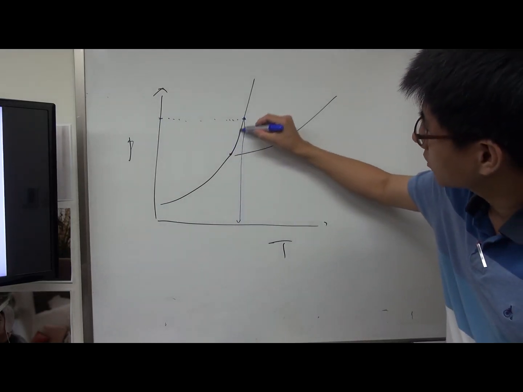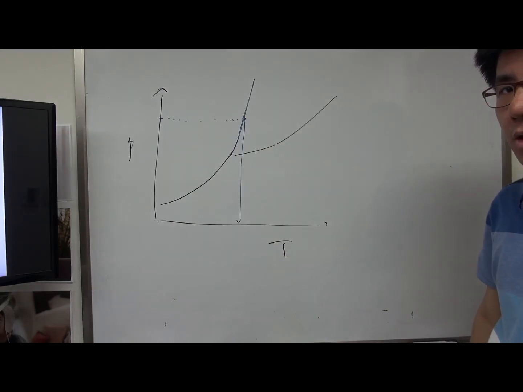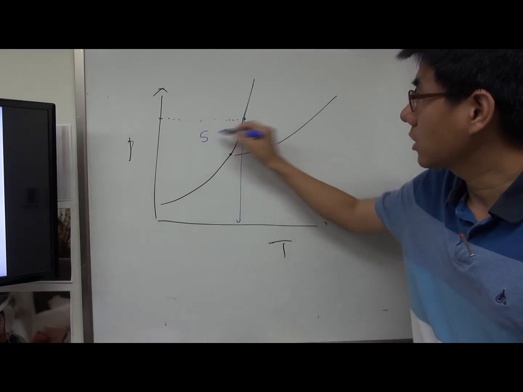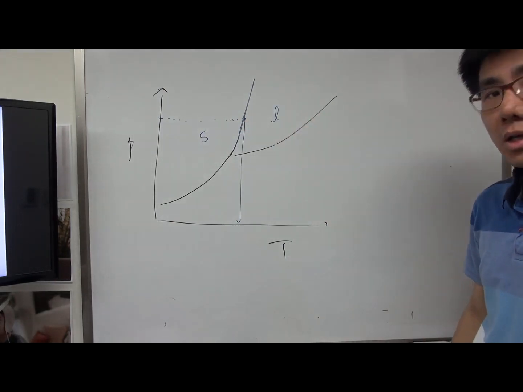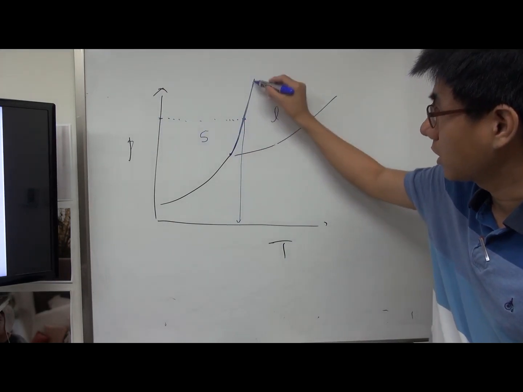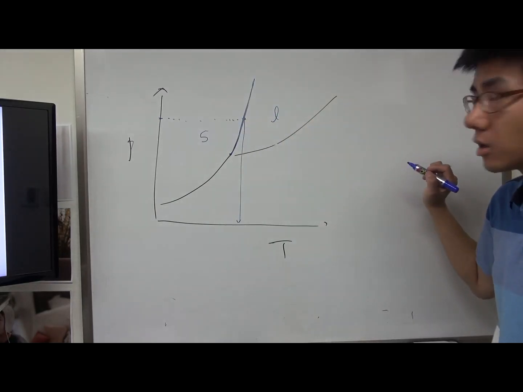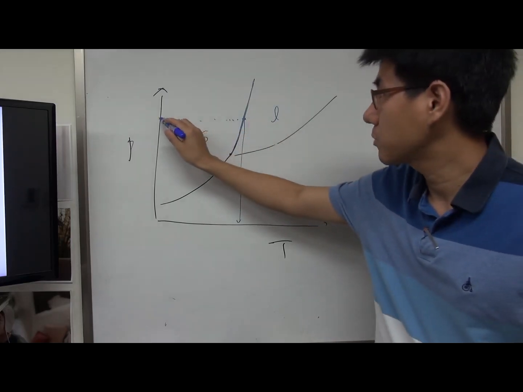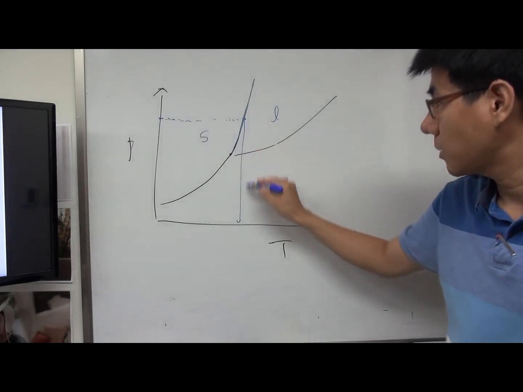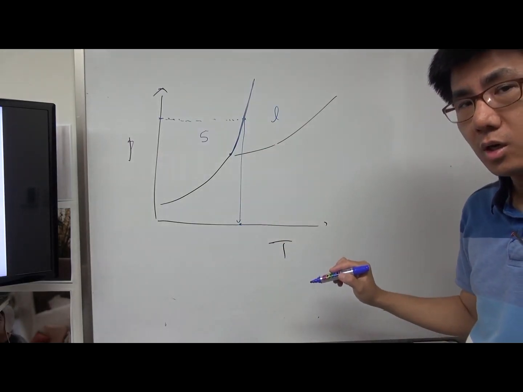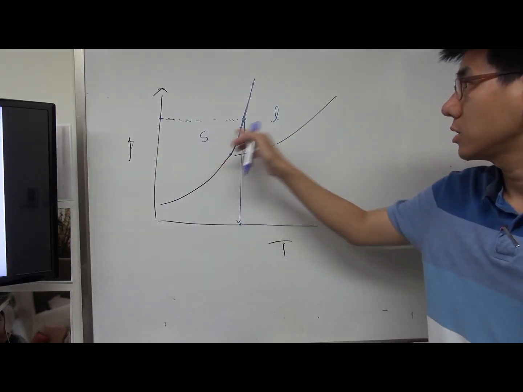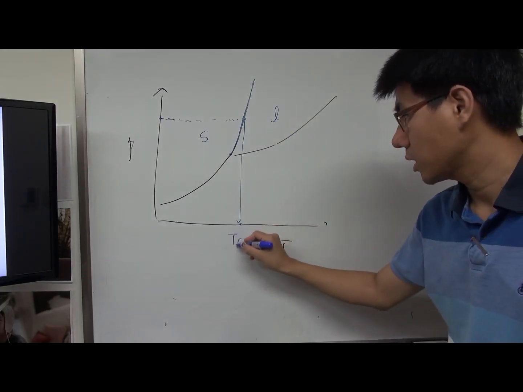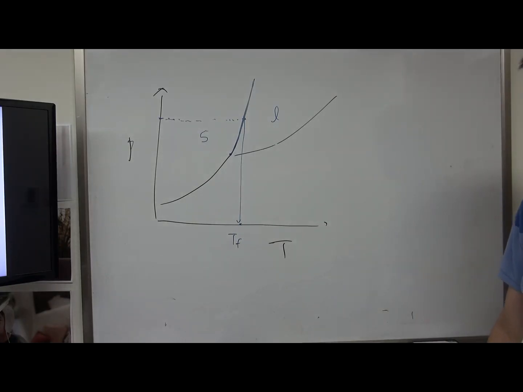So this boundary represents a pressure and temperature at which solid and liquid are in equilibrium, because on this line they coexist together. So they are phase boundary. So at this pressure, the temperature basically represents the temperature at which these two phases are at equilibrium. That means melting temperature. Simple, right?